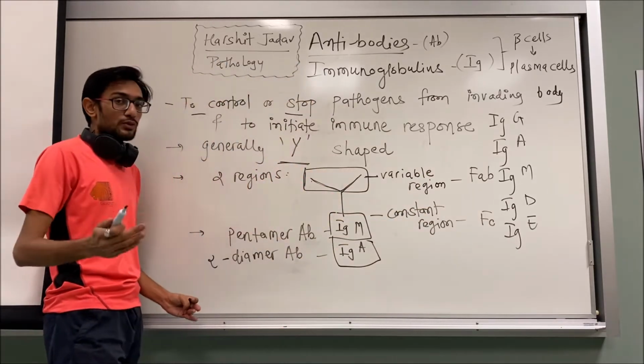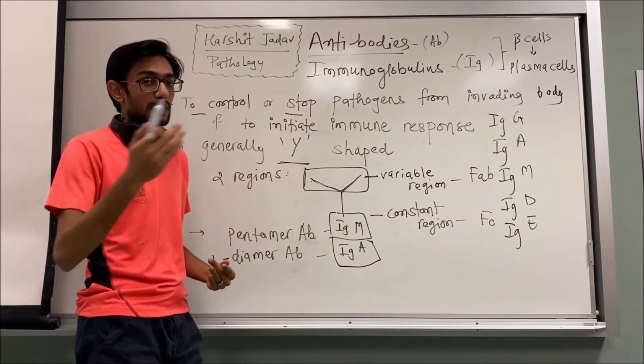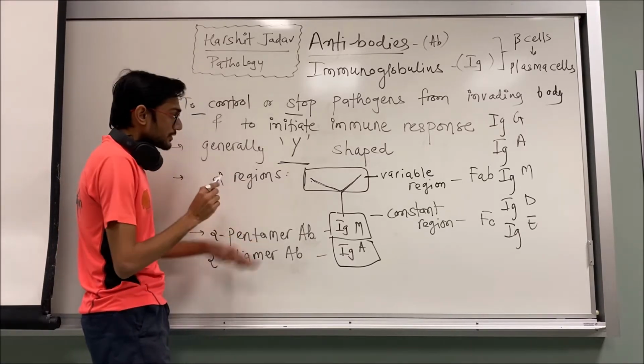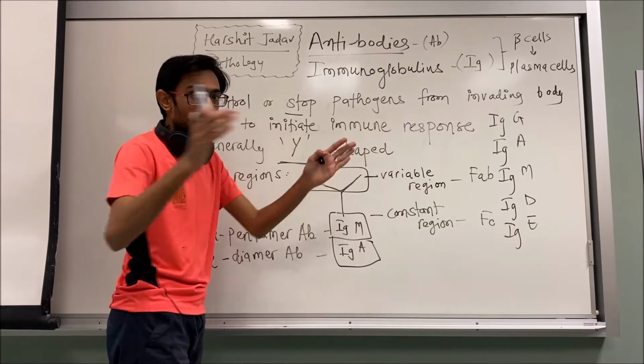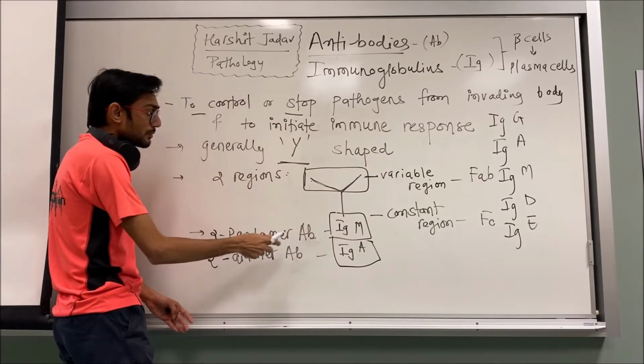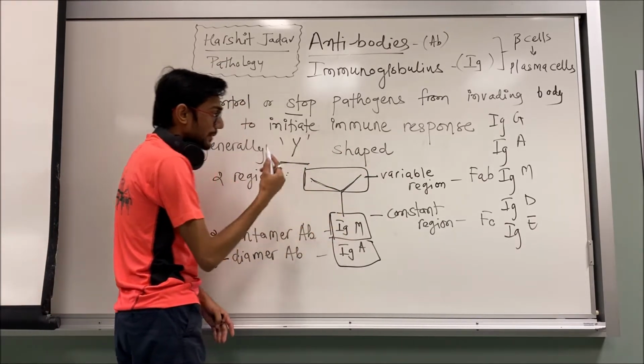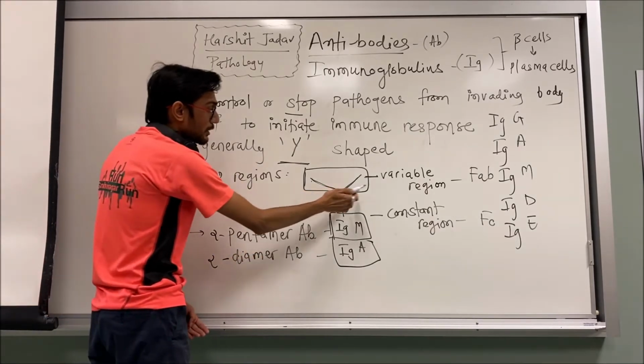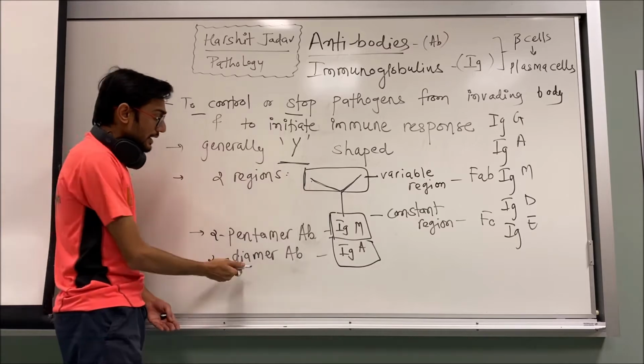We can also see another type of morphology in antibodies. We have pentamer antibodies. Five of these antibody units come together and make a pentamer form. So IgM is an example of the pentamer form, and in the same way we have dimer antibodies. Two of the same units come together and make a dimer antibody.